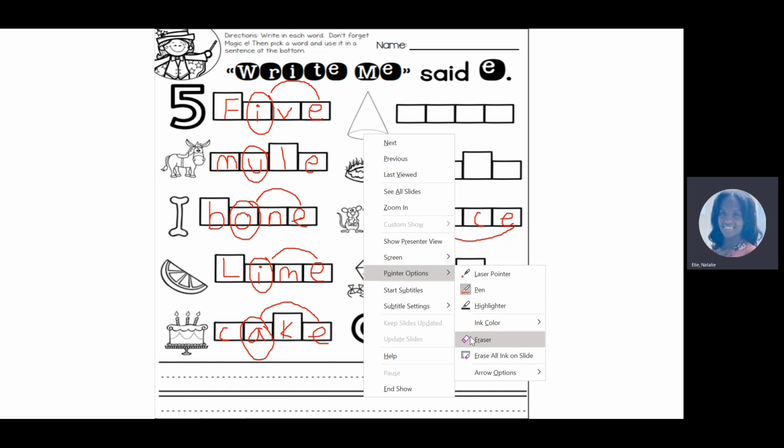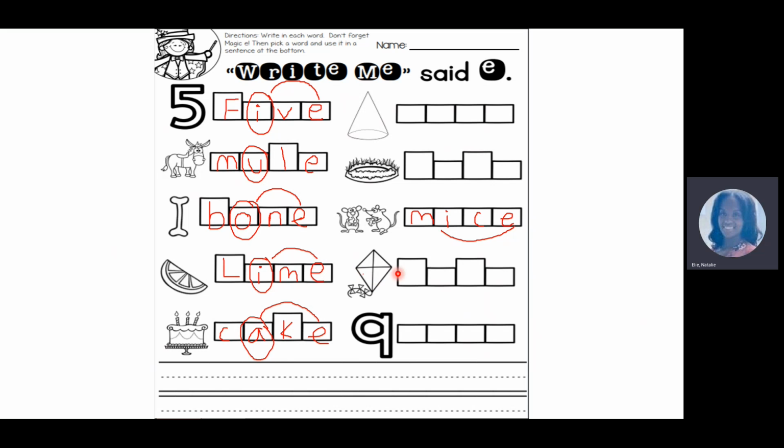All right, let's do the next one on your own. Kite. Kite. That I is saying its own name, so that means there should be a magic E at the end of this word.